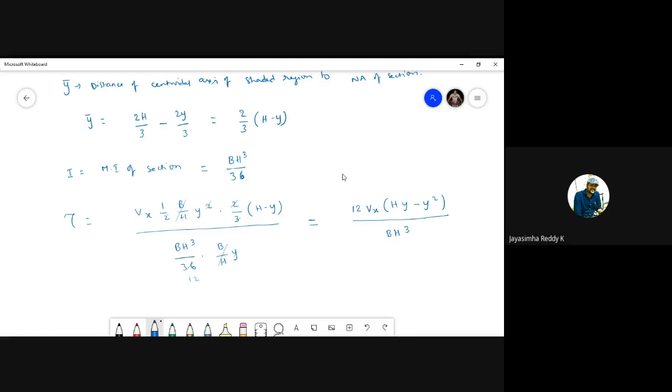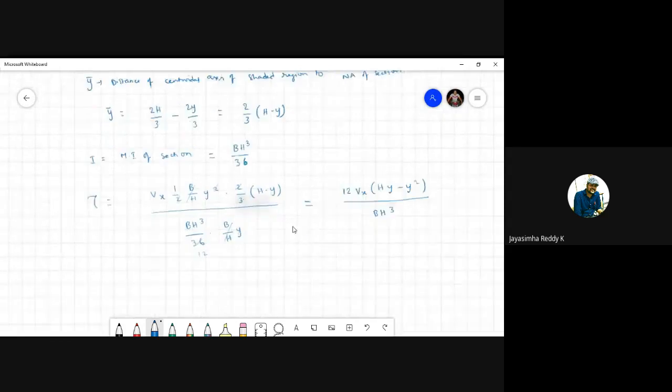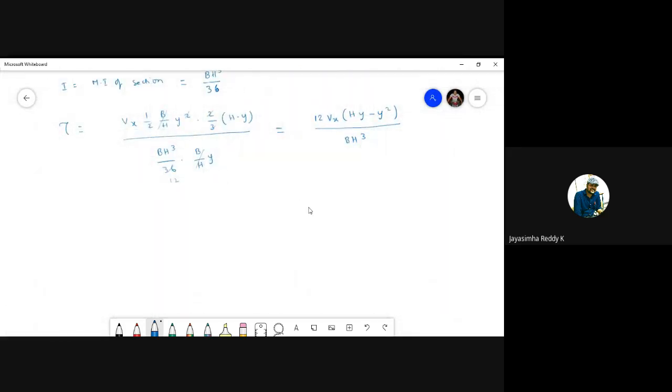So tau is equals to 12 Vx into Hy minus y square by Bh cubed. Okay, so this is for triangular cross section.